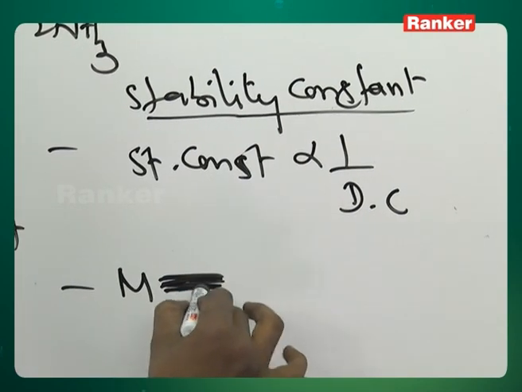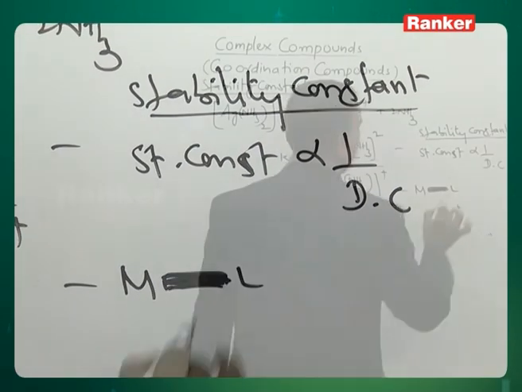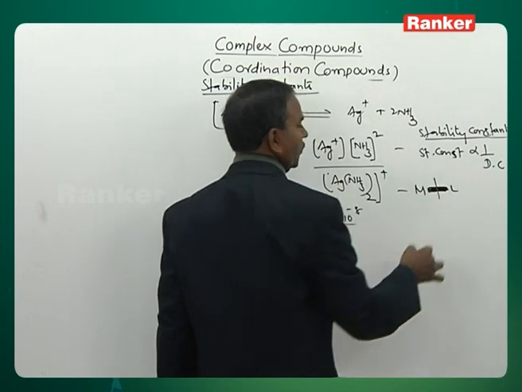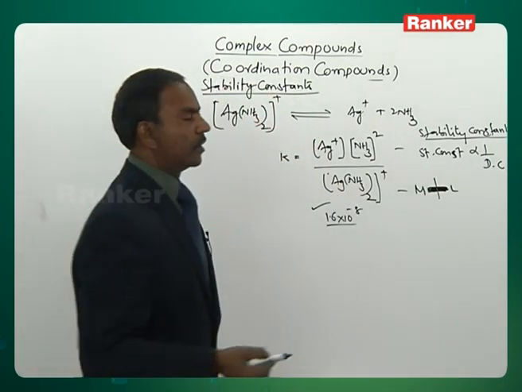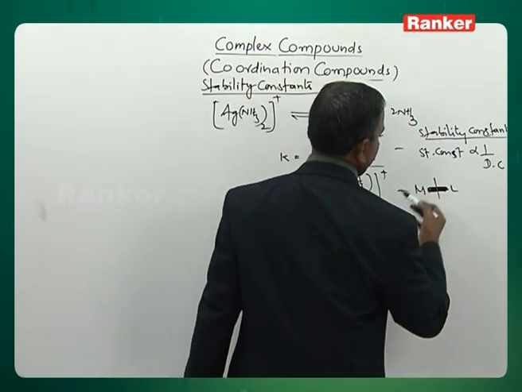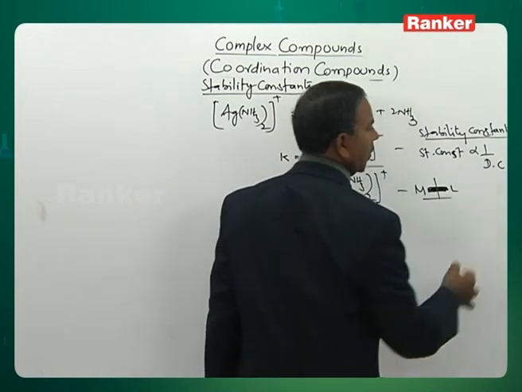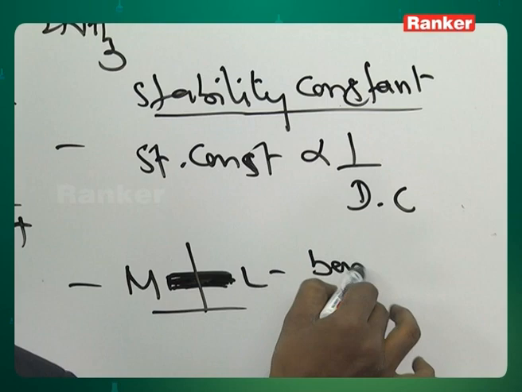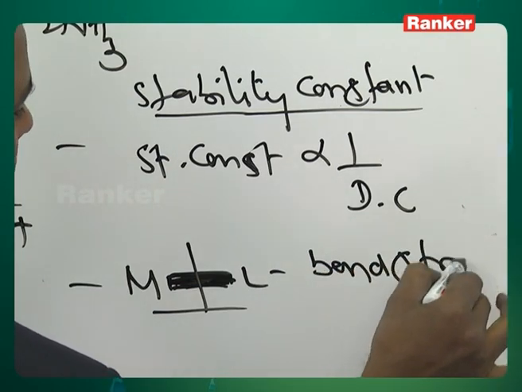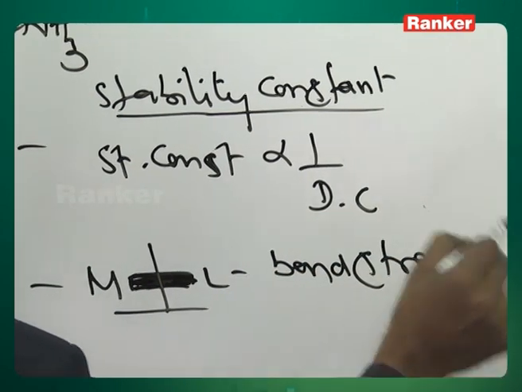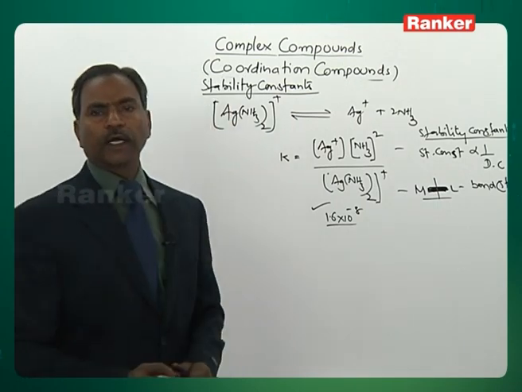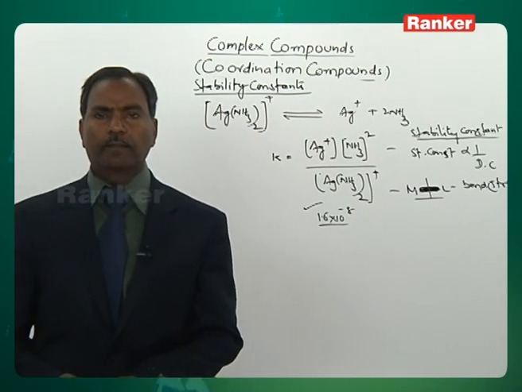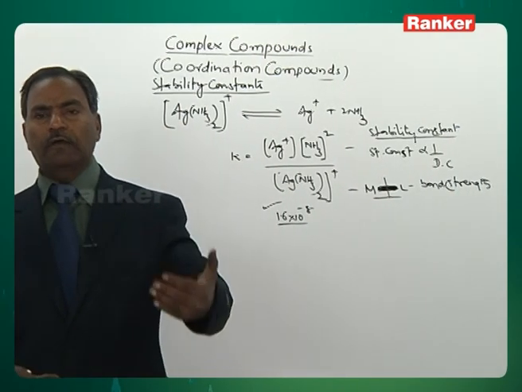If the metal-ligand bond strength is very high, the stability constant is very high. It gives information about the strength of the bond between metal and ligand. Greater the metal to ligand bond strength, greater will be the stability.